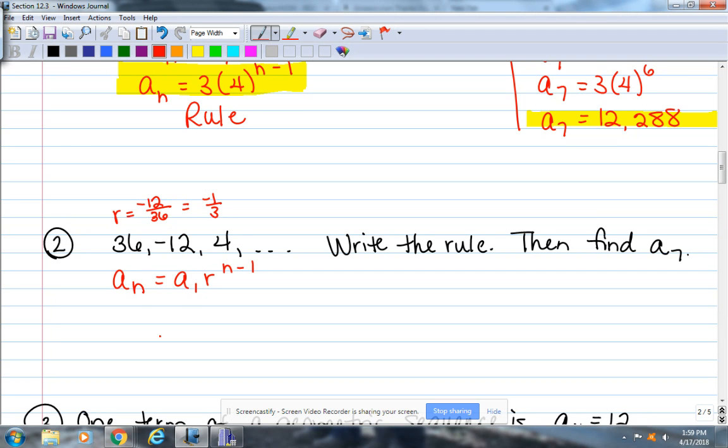Y'all understand how I got r? Take two numbers beside each other, do the second divided by the first one. So my a sub 1 is my first term, so it's going to be 36. So my rule is going to be a sub n equals 36. My r is negative 1/3. And I don't know n, so I have to leave it n minus 1.